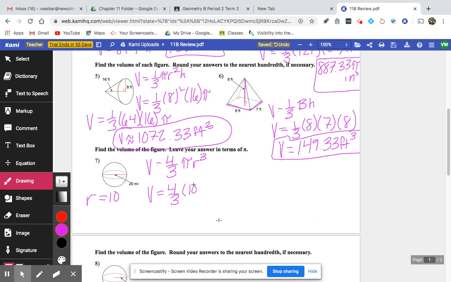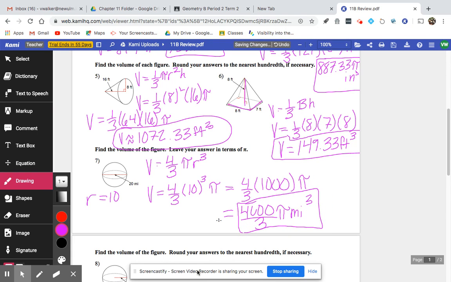So we have 4/3 times 10 cubed times pi. 10 cubed is 10 times 10 times 10, which is 1,000. So we have 4/3 times 1,000 times pi. The exact answer is 4,000 divided by 3 pi miles cubed. That's the exact answer.